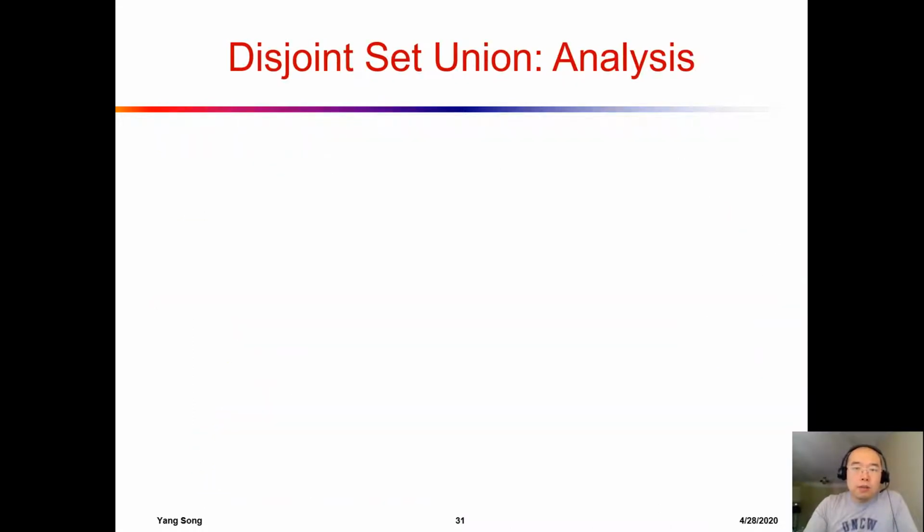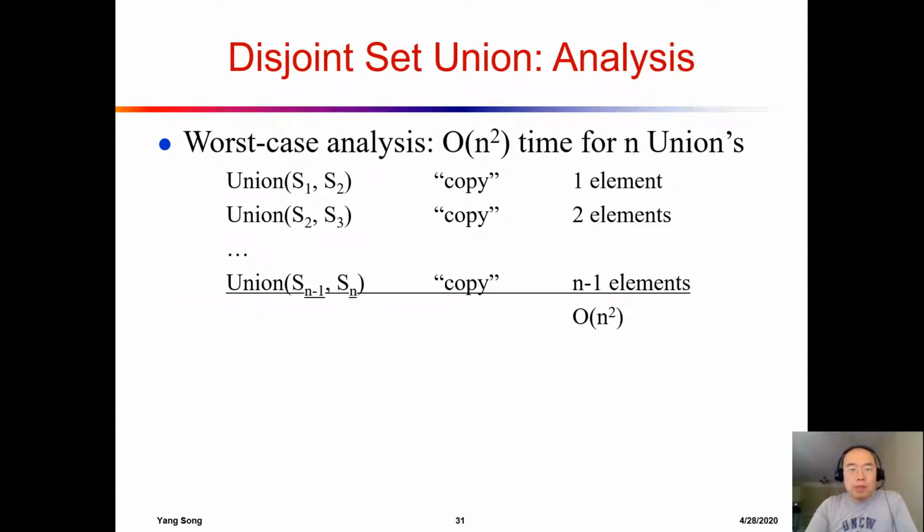Okay, so if we want to analyze the union, if we start from the very beginning with S1 and S2, they both have one item. So we will copy one item. And then if we want to union S2 and S3, remember in this case S2 has already got two items, so we are moving two items.